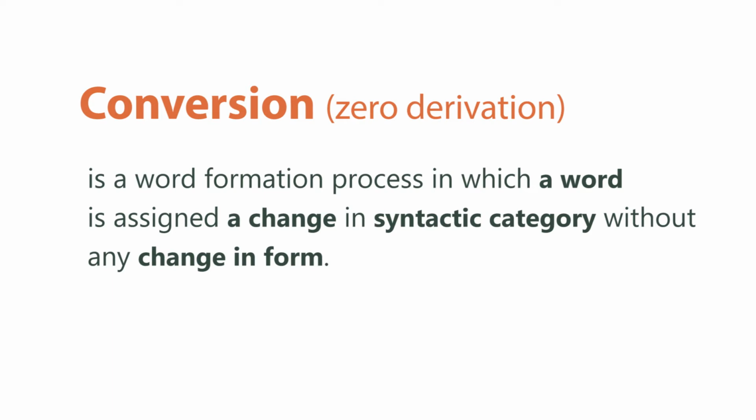So basically, in conversion or zero derivation, you don't change anything. All you do is say this word, which up until now was a noun, can be used from now on also as a verb. That's what you do in conversion.